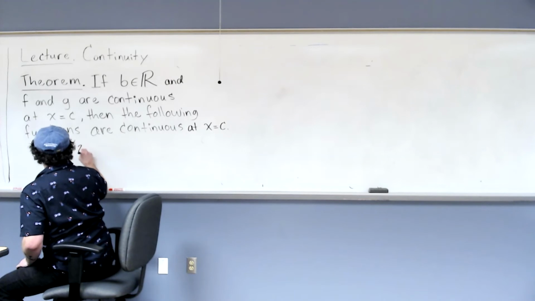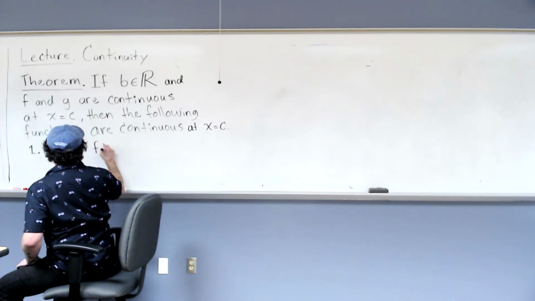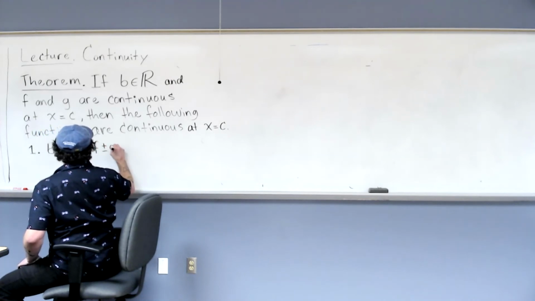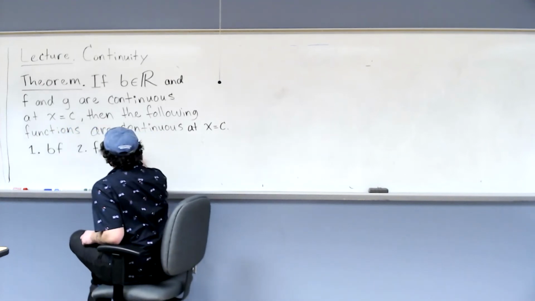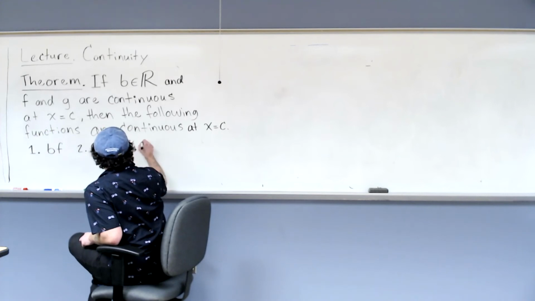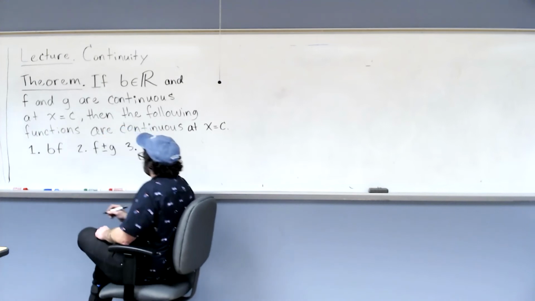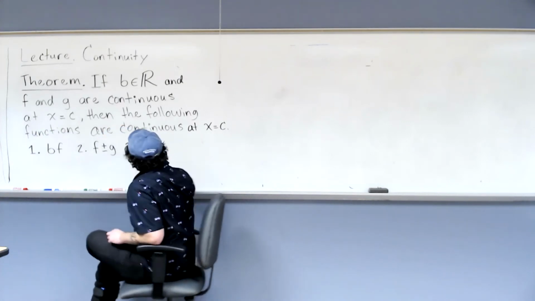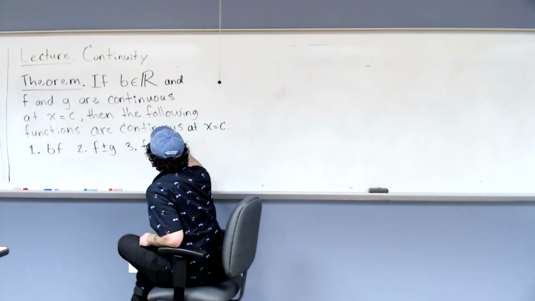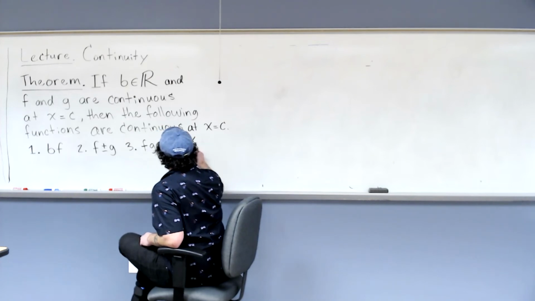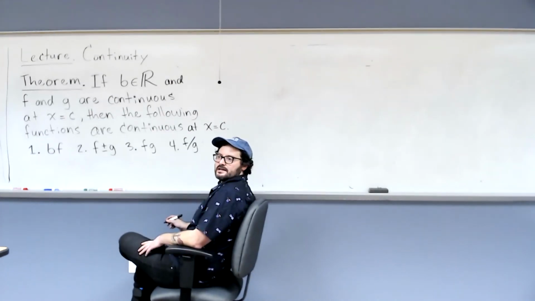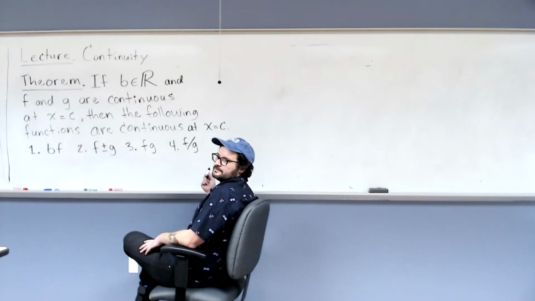Part 2, F plus or minus G is continuous at x equals c. Part 3, F times G is continuous at x equals c. And then finally, part 4, F divided by G. But as we've encountered before, we have to be careful here.